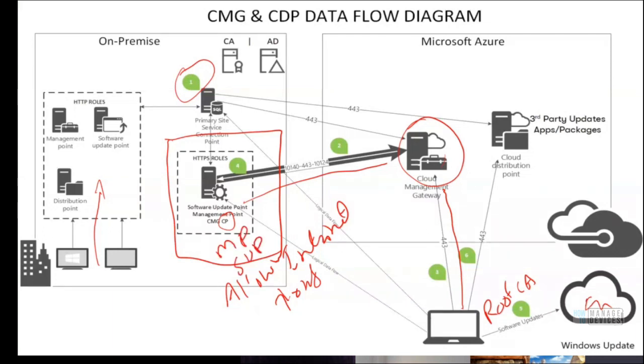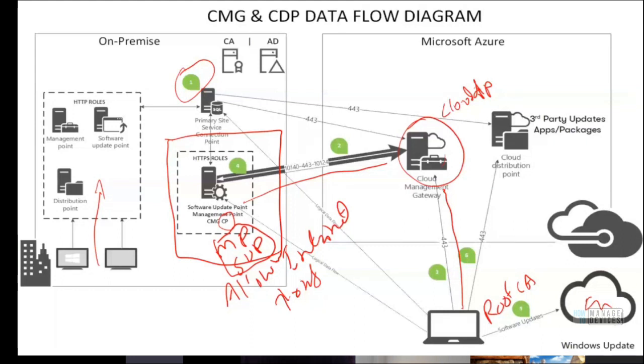All URL redirection happens for MP and SUP. You cannot download content from the on-prem DP. Instead, there is a checkbox where, when you install the cloud management gateway, you can enable the cloud DP also. There is no requirement for a separate cloud DP. You can enable the cloud DP on the cloud management gateway itself. Okay, thank you.